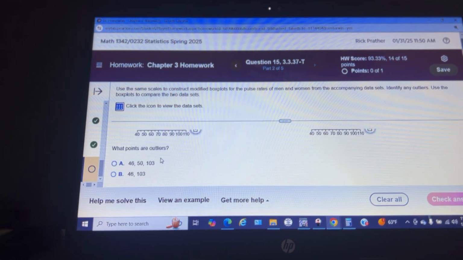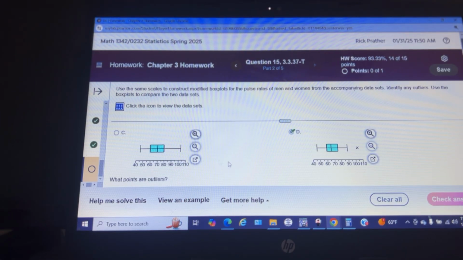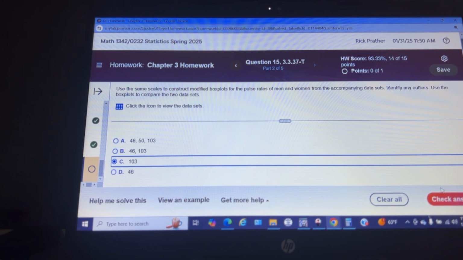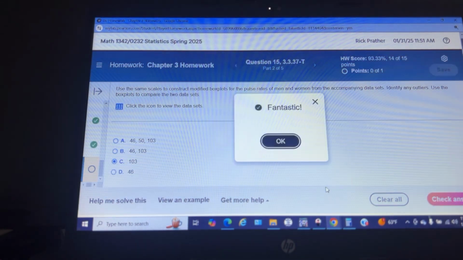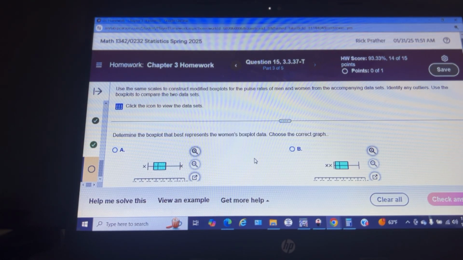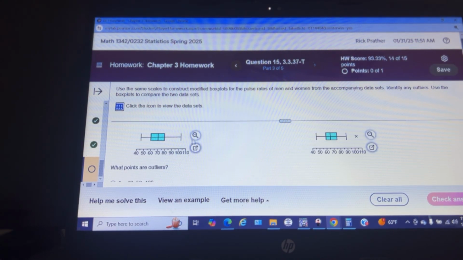Or maybe there's no outliers at all like graph C. But since the graph was D, they're showing 1x, so that means 103 is an outlier, and apparently it's only 103. Since the graph would have x's in other spots if there were more than one outlier. So at least you can kind of get away on this last problem by just process elimination, figuring out where things should be. So now let's go to the women.